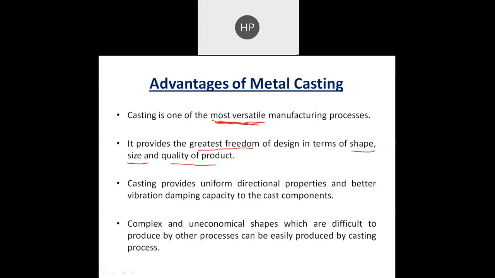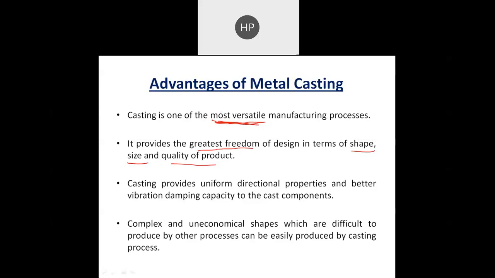And size, from a very small size product to a big casting. From a small 1 kg or 2 kg to 1000 kg can also be produced by casting.